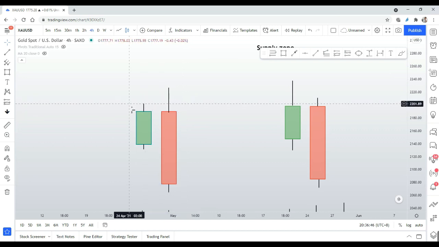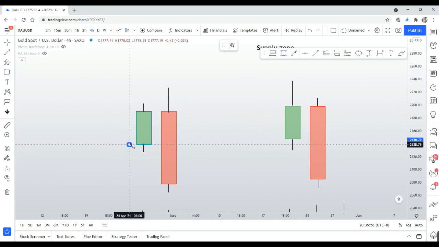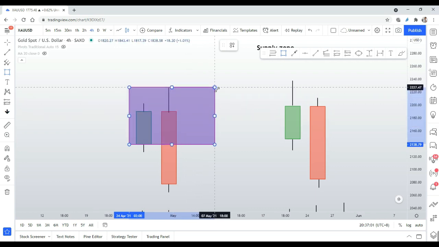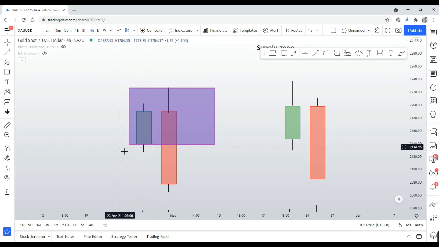So what's important here is how I zone my supply zone. Usually this is how I do it: from the open of the first candle towards the highest wick. This is how I categorize or identify my zone.